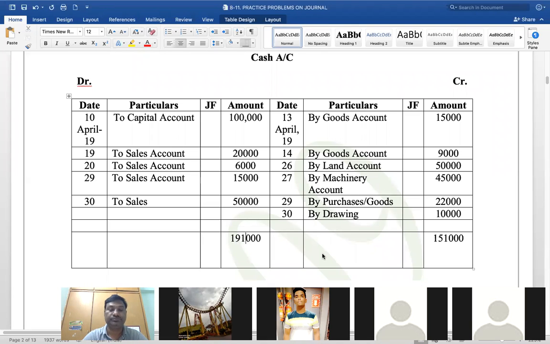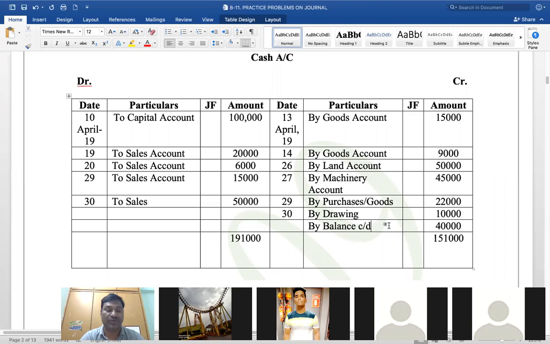1,91,000. And the amount on the credit side is 1,51,000. What's the difference? There's a difference of 40,000. What is the difference called? That's called the balancing figure. We write it as by balance carried down.